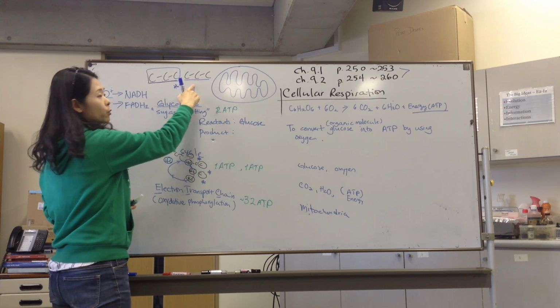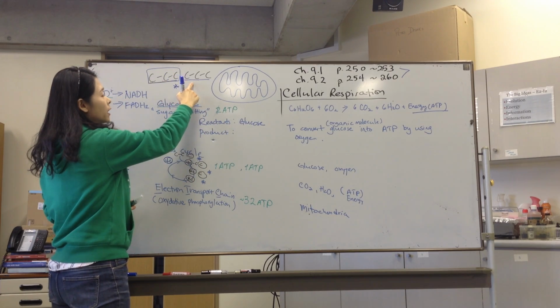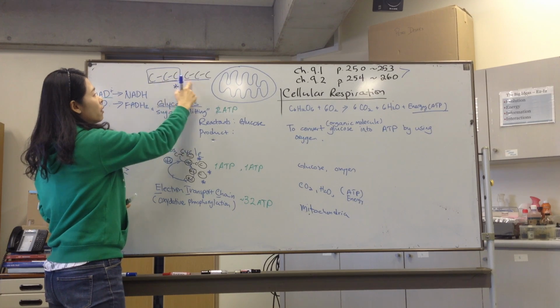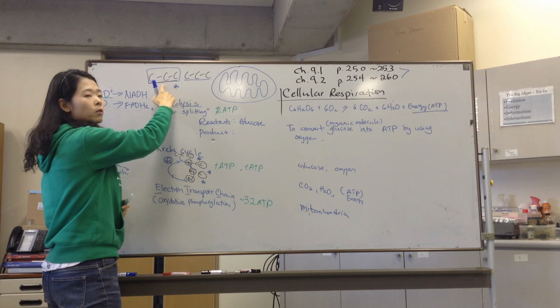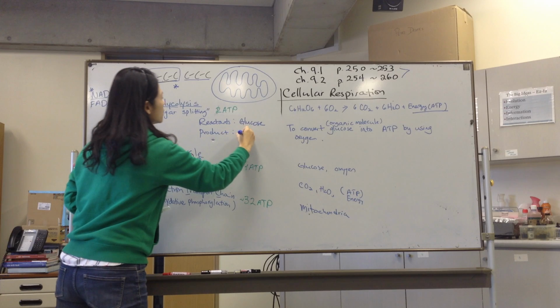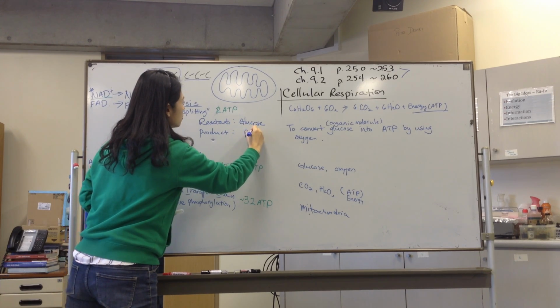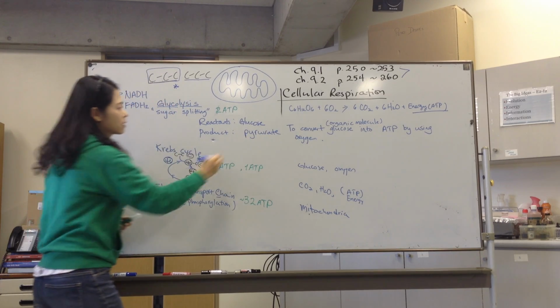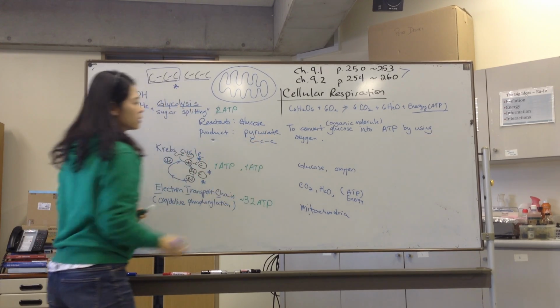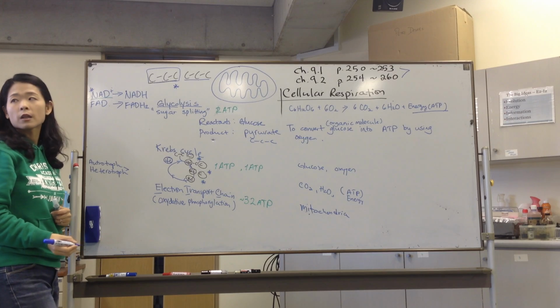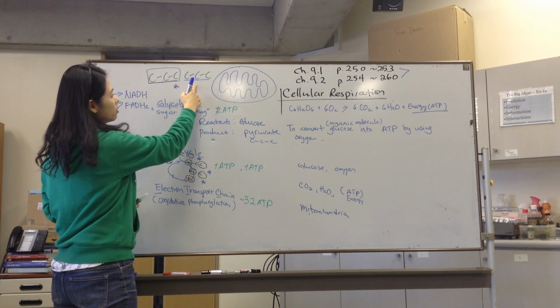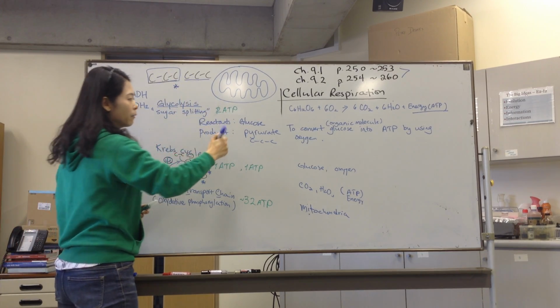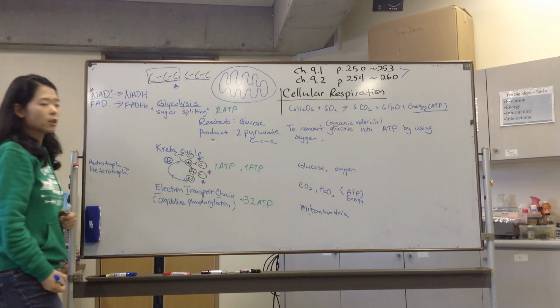We have 2 3-carbon molecules, right? The name of these 3-carbon molecules is pyruvate. Since there's 2, glucose split into half, so there's 2 pyruvate.